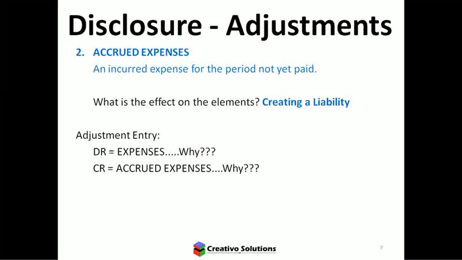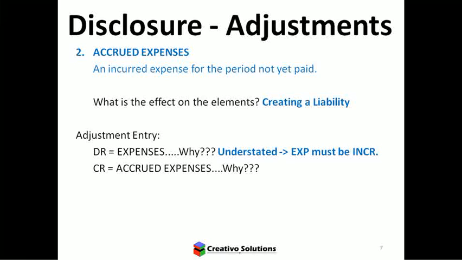If we think about the expense, the water lights bill, in the previous example we said 1 month is outstanding, it hasn't been paid. So are our expenses too high or too low for the financial year? Well, the answer is too low. So if I increase an expense, I'm going to have to debit the expense. Expenses increase on the debit side.